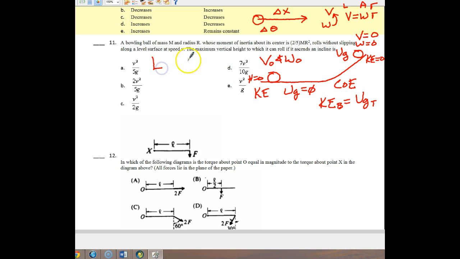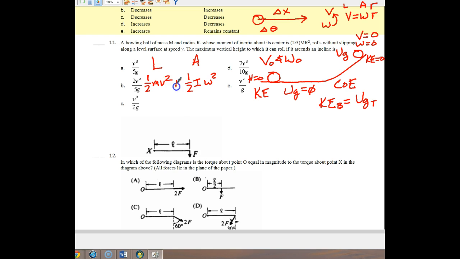We know that it's got both linear and angular kinetic energy. The equation for linear kinetic energy is 1/2 mv squared, and for angular is 1/2 I omega squared, where I is the moment of inertia, so that's this value, and the angular speed is just the radians per second that it's turning.